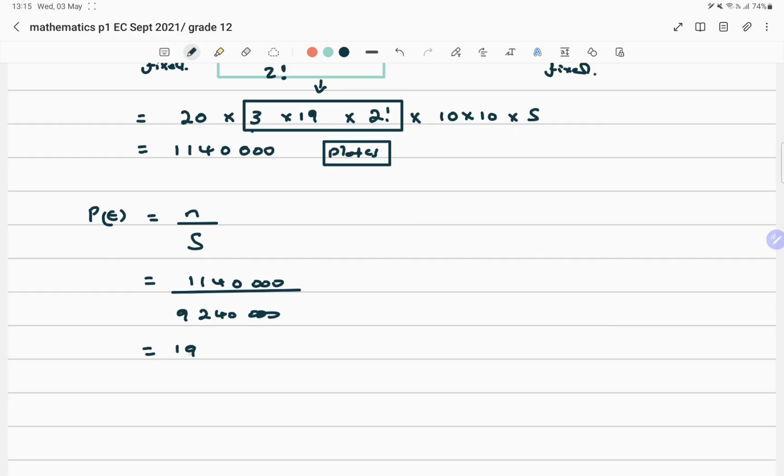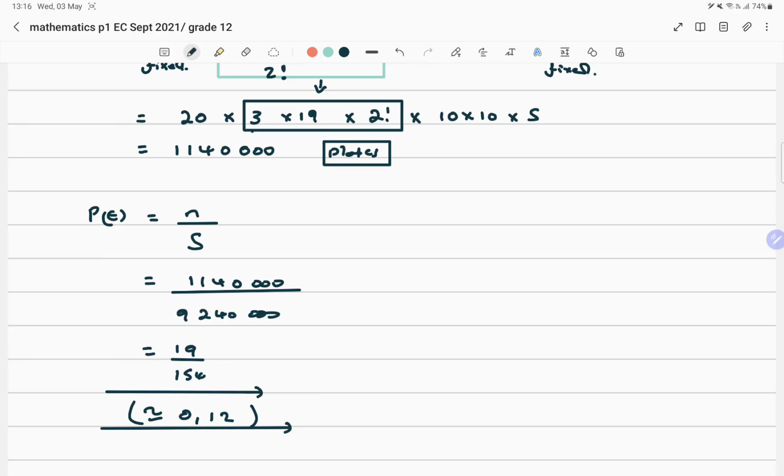So this is 19 over 154. I prefer to just leave things as fractions. No one forces you, but if you want, you can do this one to 2 decimal places. It's going to be 0.12. So you can choose to end here, but nobody will punish you if you end there.